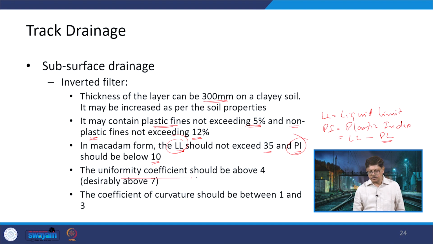The uniformity coefficient shall be above 4, desirably above 7. The uniformity coefficient is written as Cu, and the coefficient of curvature, that is Cc, should be between 1 and 3. So, there is a formula to calculate this value.